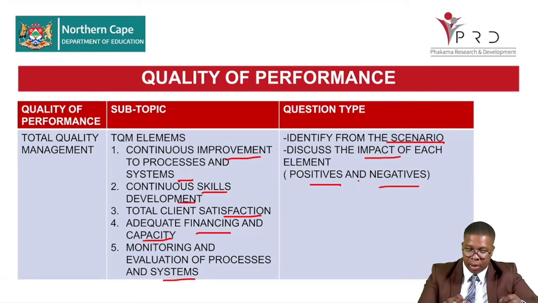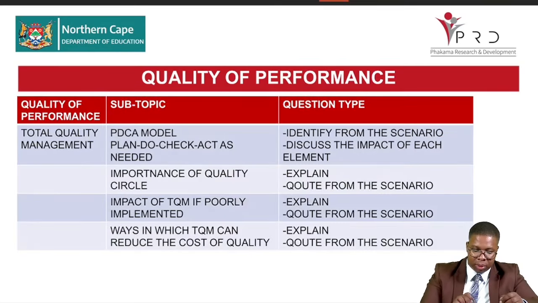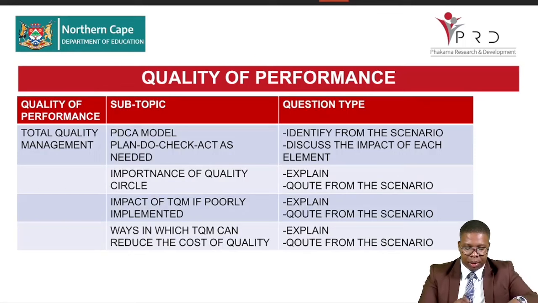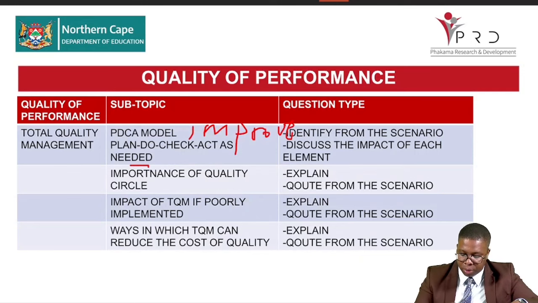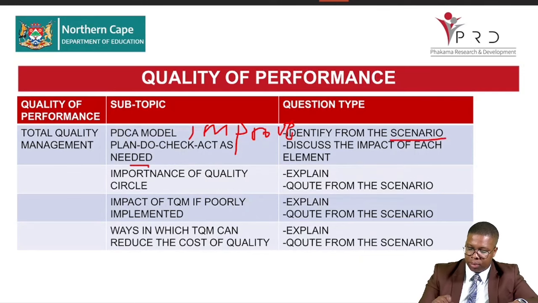You will also have under the total quality management as a subtopic, the PDCA model, which will then be used to plan, do, check, and act as needed. This is used to improve within the business. So as we talk about improving, you will also be required to identify the PDCA model from the scenario and discuss the model.